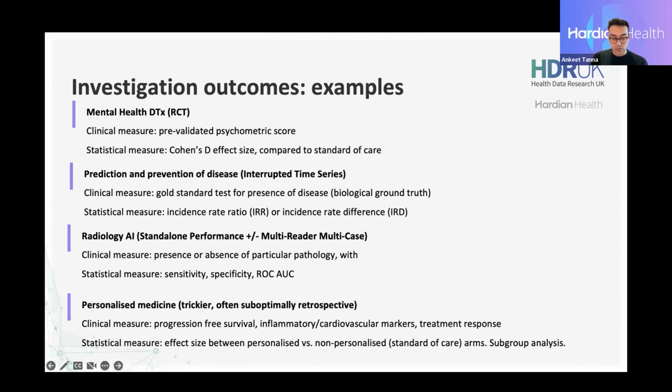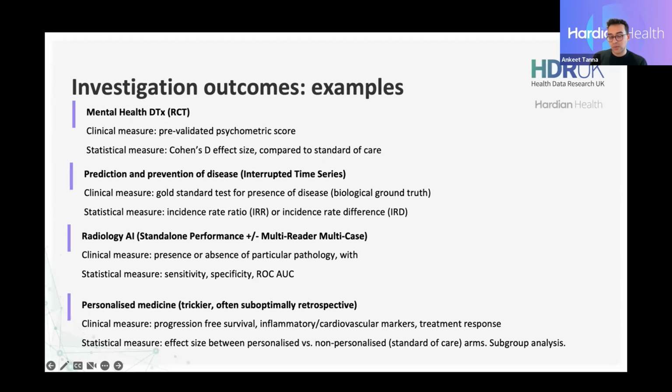As a second example, let's say you're using a piece of software that helps in a quote unquote track and trace kind of scenario where you're trying to reduce the spread of communicable disease, whether it's viral, bacterial, for example, in a population or in a hospital. The clinical measure would be how you measure the ground truth.